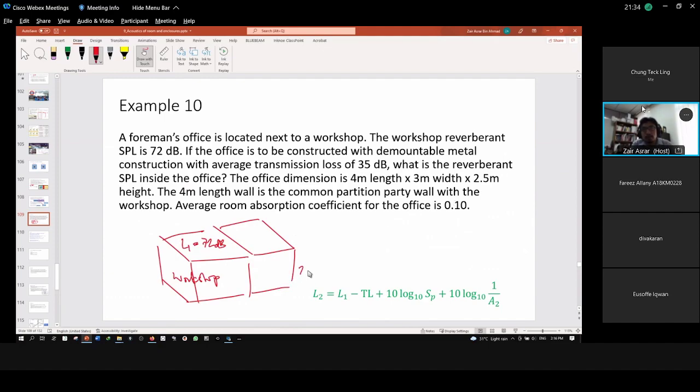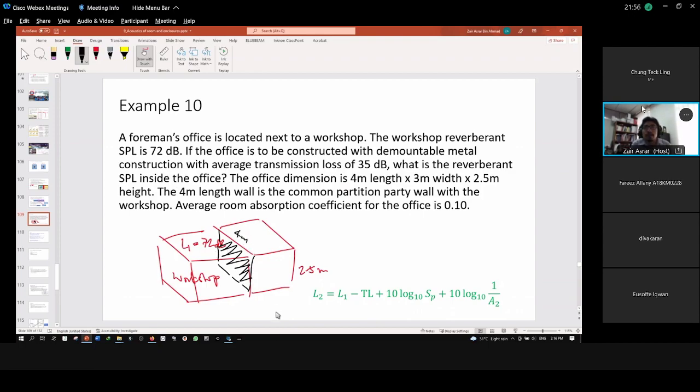Okay, so there's no question about the height. It's vertical, 2.5 meter. As for the length and width, it depends. In this case, we were told that the common partition is made up of the 4 meter length wall. So this is our partition, and this length should be 4 meter.